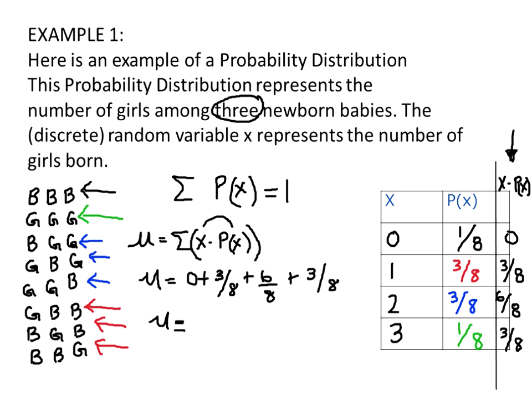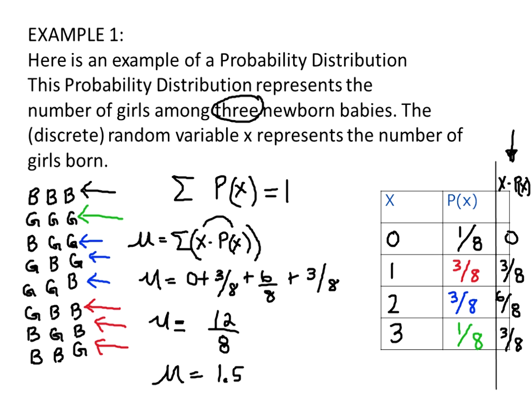So for the mean, my denominator is 8, and my numerator is 12. So the mean here is 12/8. Of course, we want to turn that into a decimal, and 12/8 is just 1.5. So that's what you would expect.